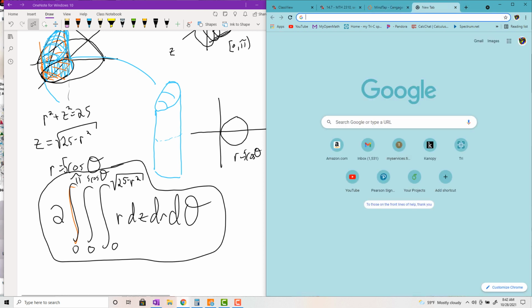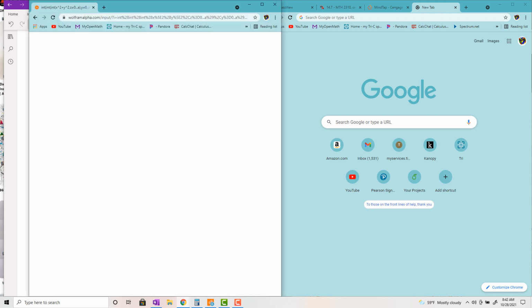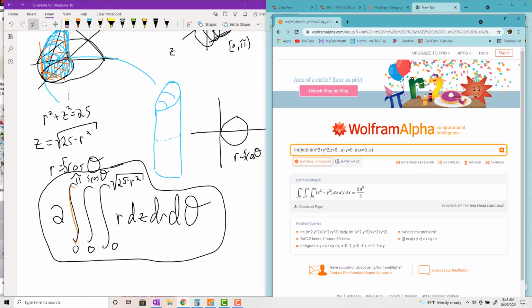I think I have like 20 tabs open. Okay, so I already have one set up for triple integrals. I need to put just basically x in there. And I'm making this x, and I'm making this my y.